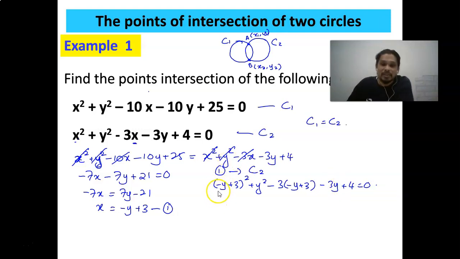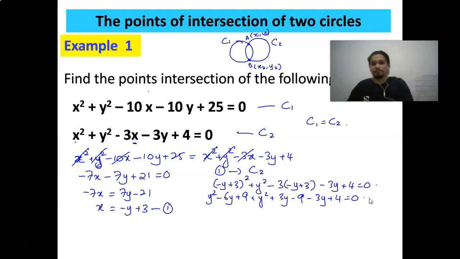Let's expand this. Negative y plus 3 in brackets squared means negative y times negative y is y squared, negative y times 3 is negative 3y, another negative 3y makes negative 6y, plus 9, plus y squared. Negative 3 times negative y is positive 3y, negative 3 times 3 is negative 9, minus 3y, plus 4, equals 0.